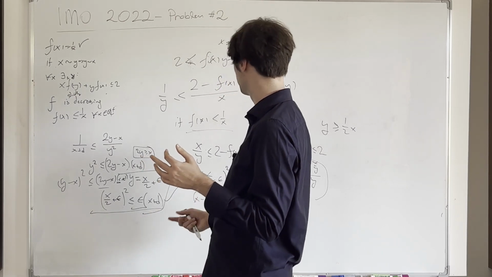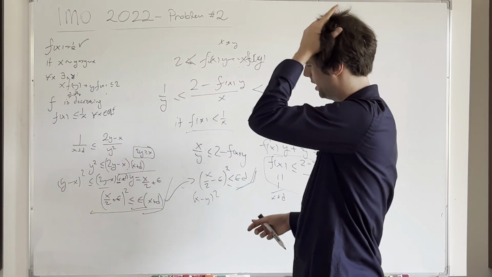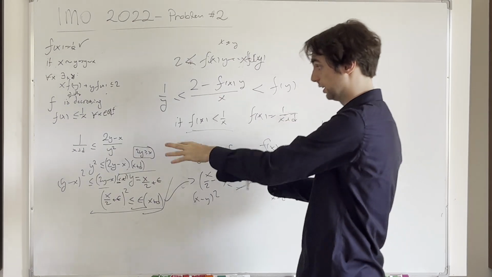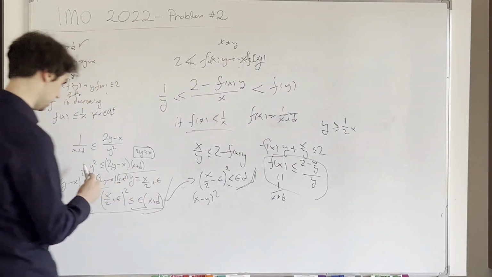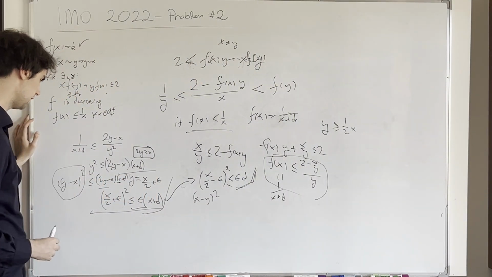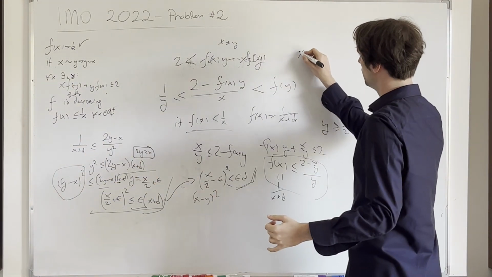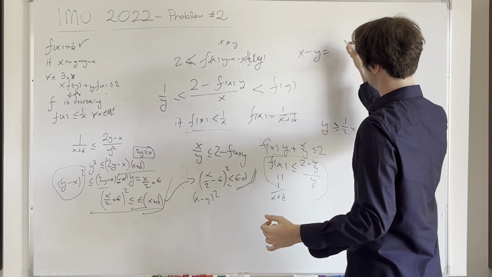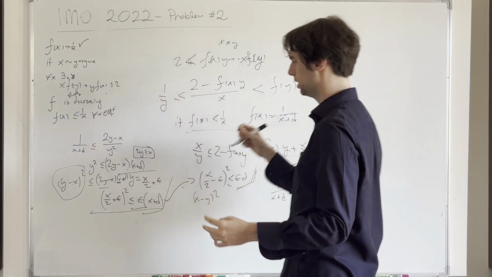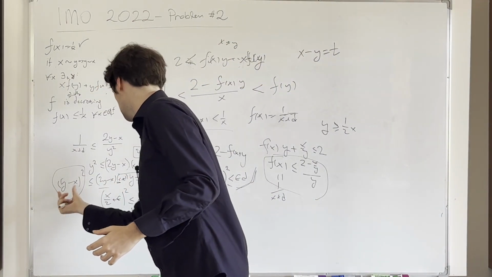Then, if I was to set x minus y equal to some t, what does this transform into? This is t squared.